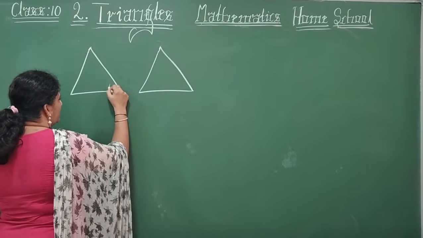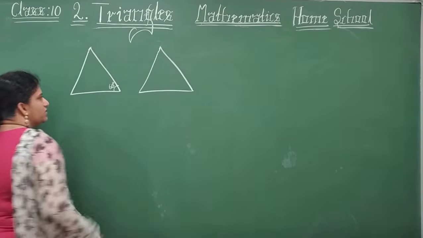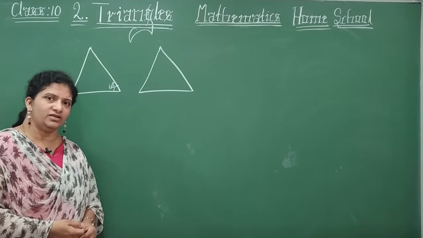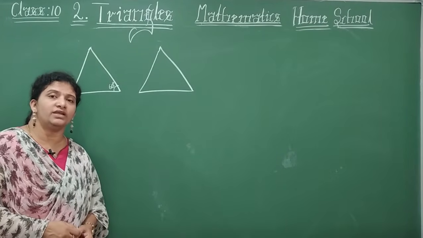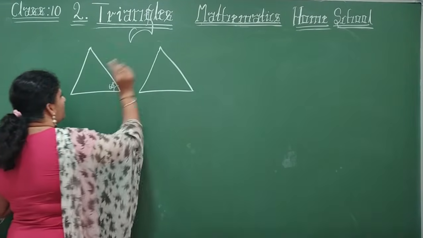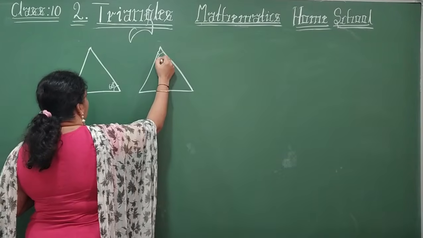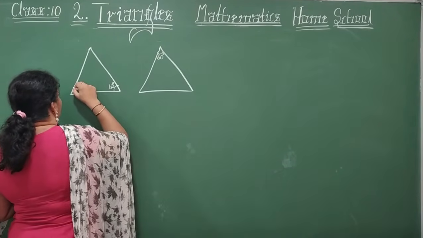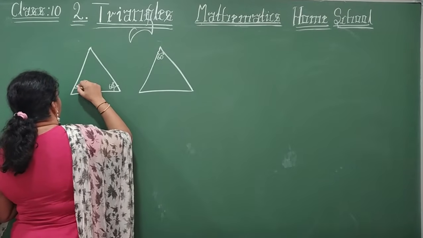Observe here carefully, children, what I do here. Let this be 60 degrees. Do you know the sum of the interior angles of a triangle? It is 180 degrees. So I have taken 60 degrees here. Let me take this triangle 60 here, and here it might be 70.